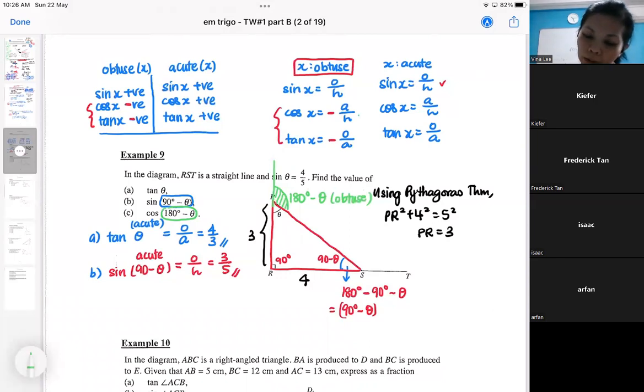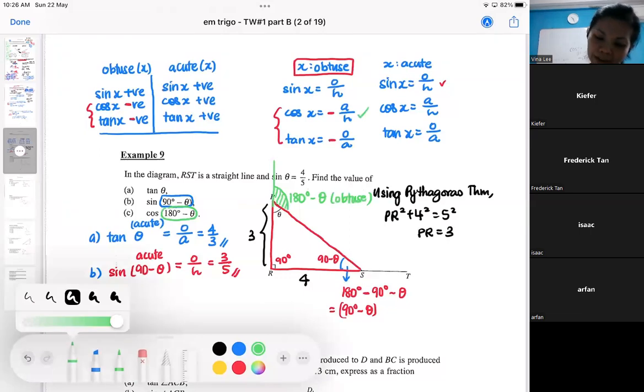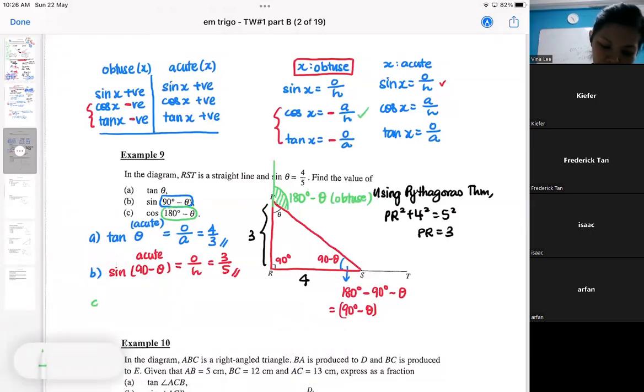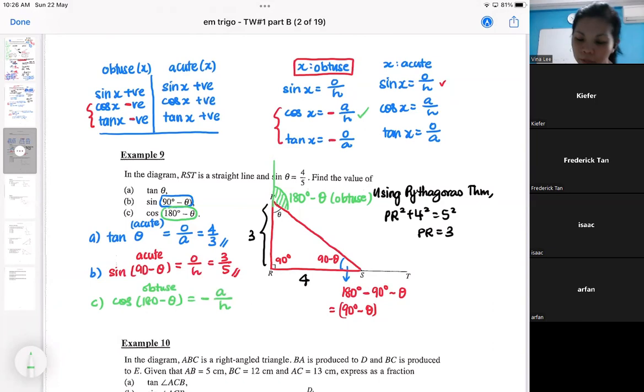So you should be looking at this formula. So you are looking at the cosine of an obtuse angle. So cosine of an obtuse angle will be a negative A over H.